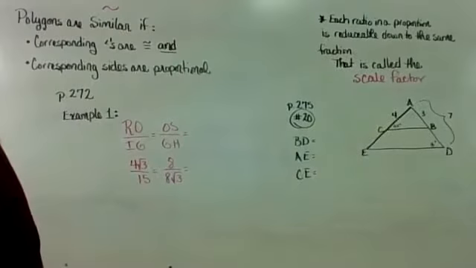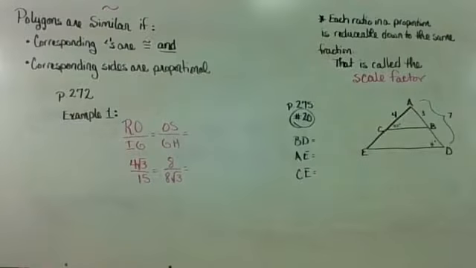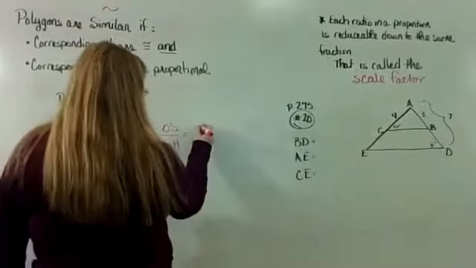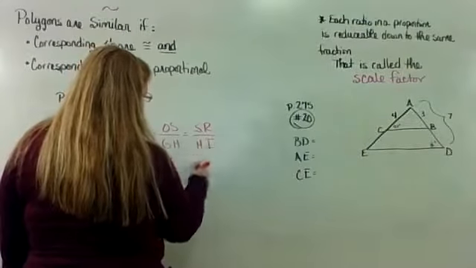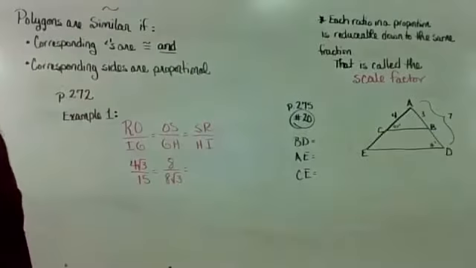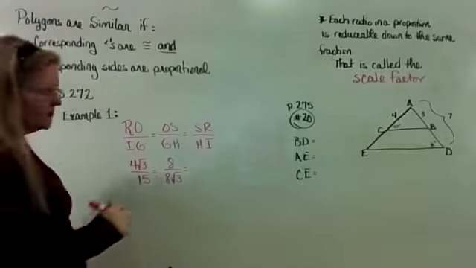And then the other side is SR and HI. And they say that SR is 4 and HI is 4 square roots of 3.